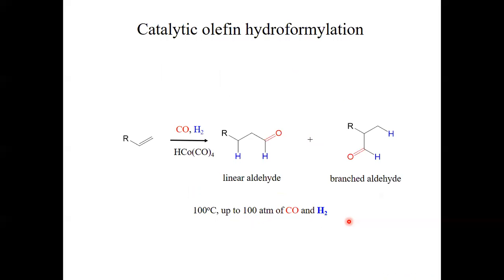Okay, another very important industrial reaction is the hydroformylation reaction. So what do we mean by hydroformylation? In a hydroformylation reaction, we start out with an alkene, and then in the presence of carbon monoxide and hydrogen, we convert our alkene into an aldehyde.